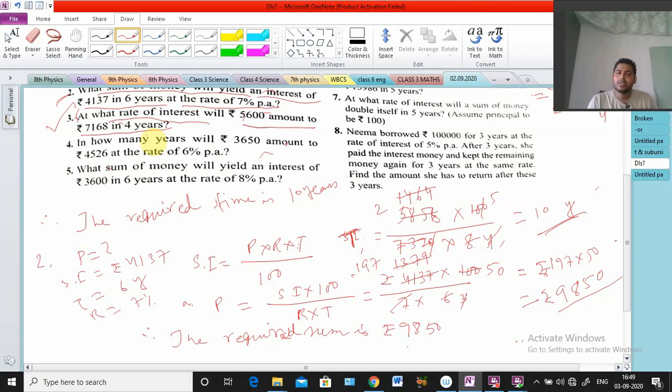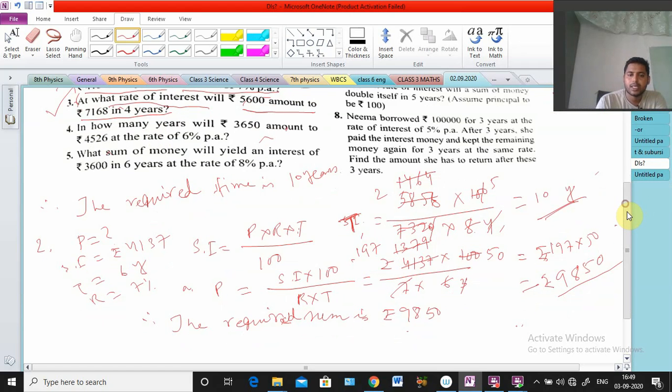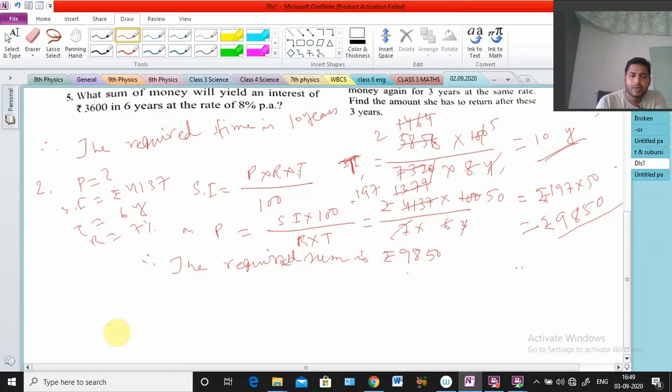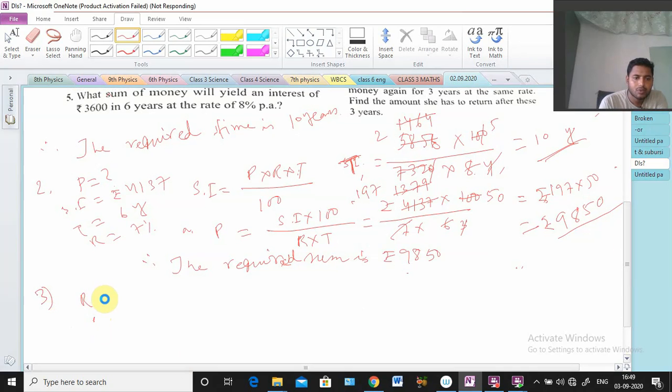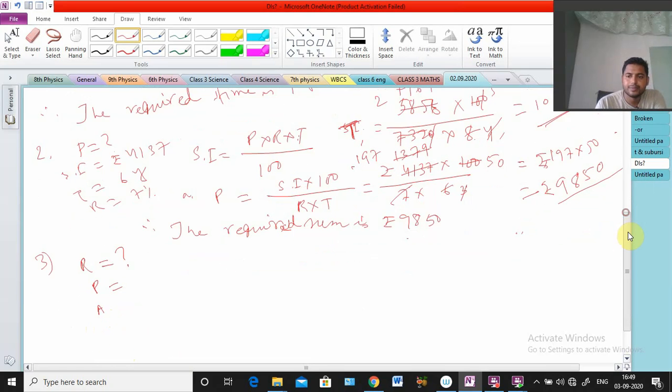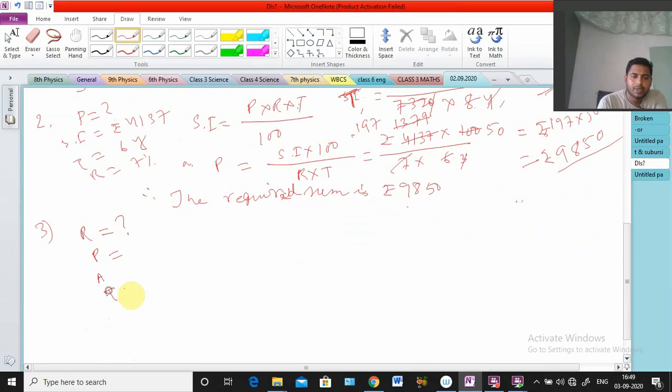So these are the conditions given in the question. Just write the given data first. We find out the rate percent, means rate of interest, question mark, principal given, amount given, time given. Clear?